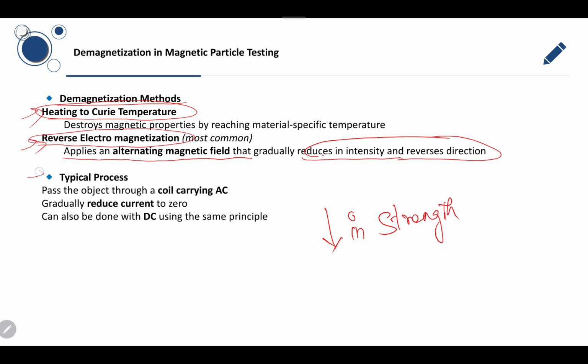Next one is the typical process. You would typically pass the object through a coil carrying AC. As the object moves away from the coil or as the current is slowly reduced, the alternating field repeatedly magnetizes and demagnetizes the part with decreasing strength, eventually leaving it demagnetized.